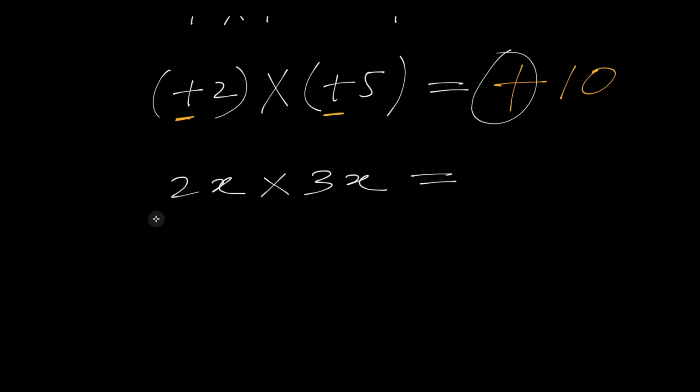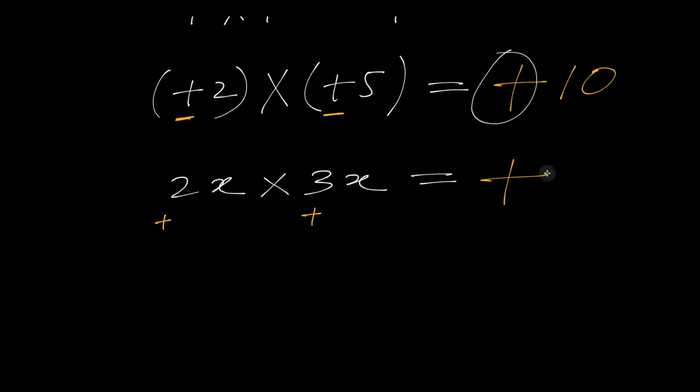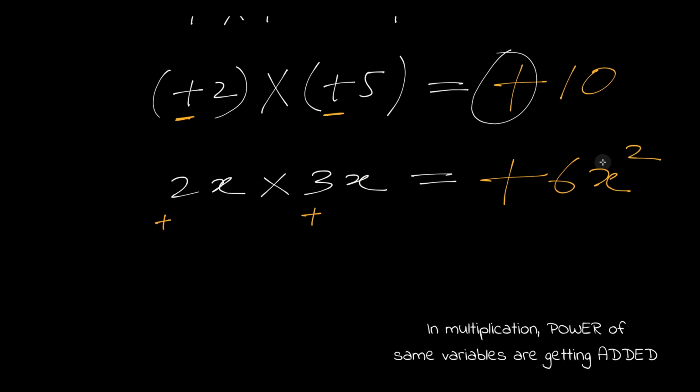Both are positive numbers, so the final result is going to be positive. Multiply 2 with 3, it is 6, and x multiplied with x is going to be x square. We'll see later what x square is, but for now, this is having 1x, this is having 1x, and we are going to add these.